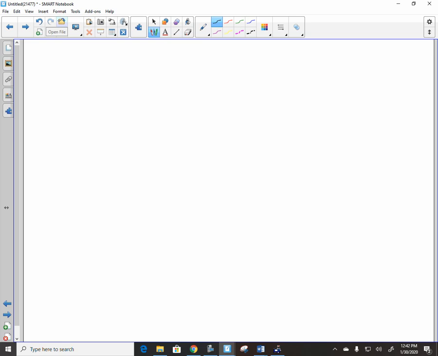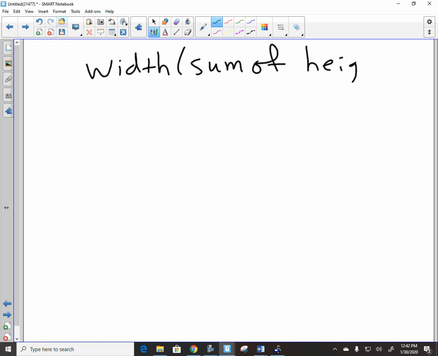Before I let you work, can I remind you at the very beginning of this unit, we said we were going to use this as a formula, right? Width times the sum of the heights, right? Isn't that what we said we were going to set out to do? So you tell me what has happened to the width of our rectangles.